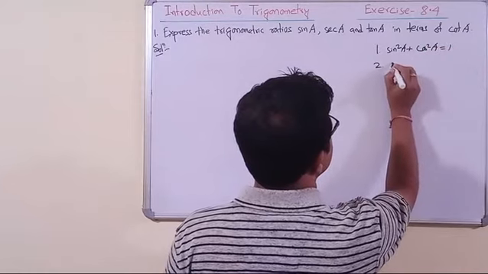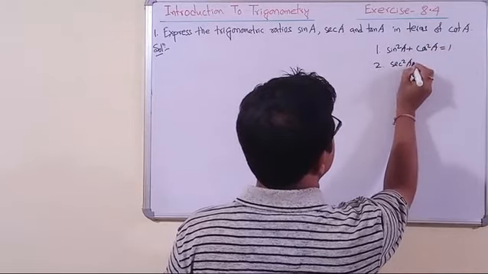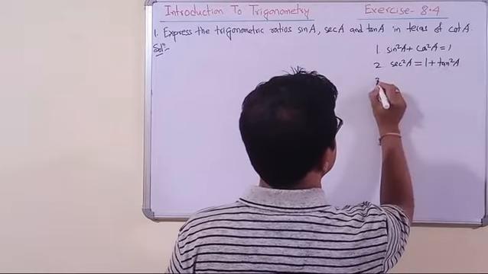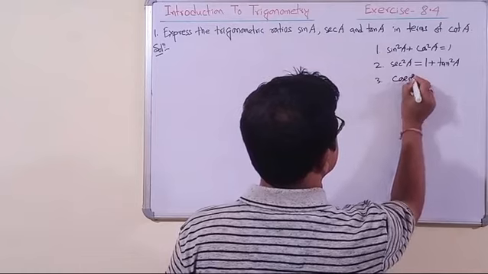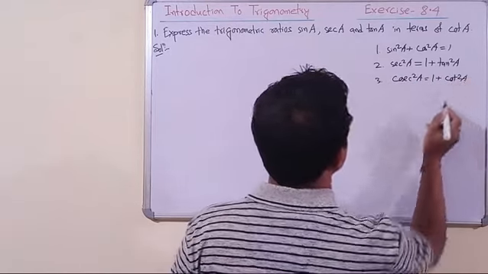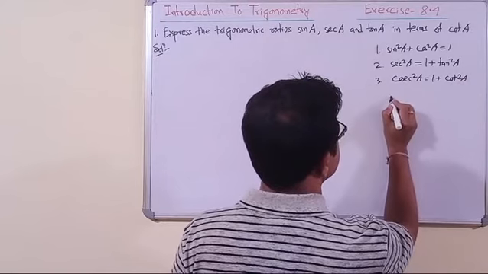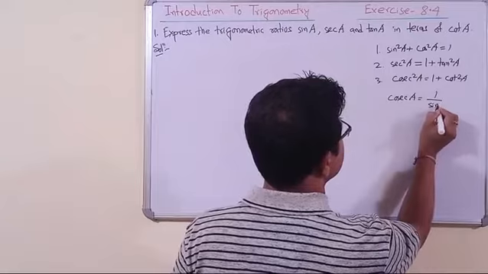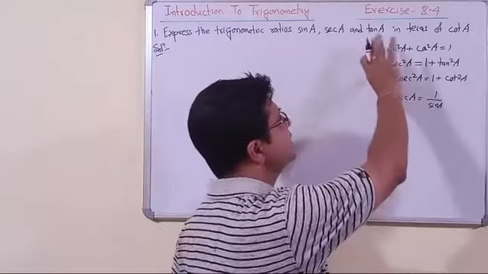Second identity, sec square A is equal to 1 plus tan square A. Cosec square A equal to 1 plus cot square A. Also cosec A is the reciprocal of sin A.